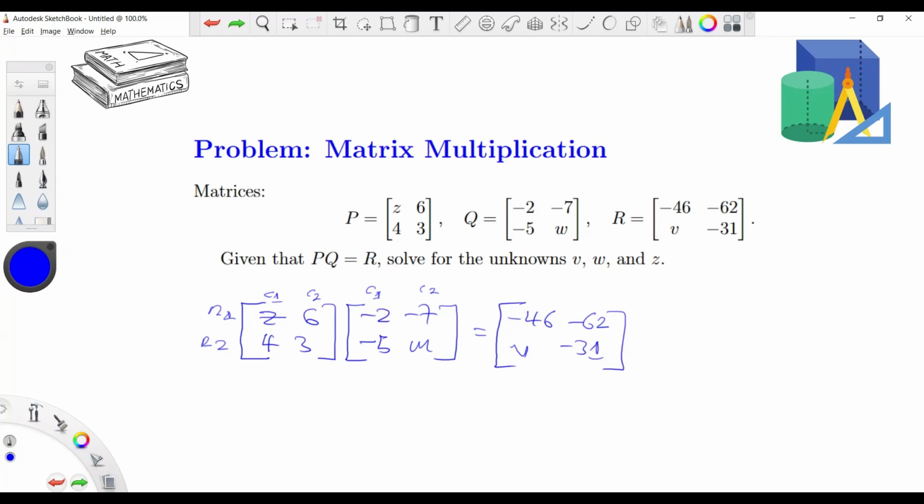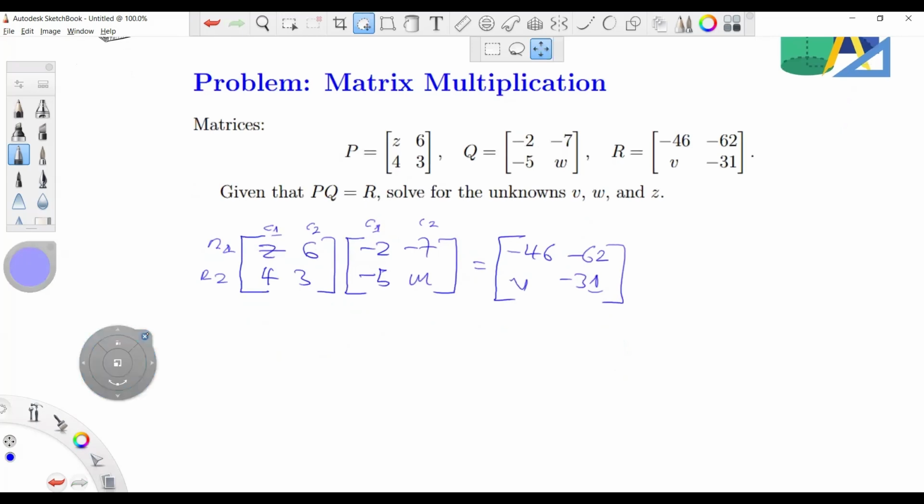Right, so to perform the matrix multiplication, we will start by taking the elements in the first row of the first matrix and multiply those by each of the elements in the second matrix in a very specific way.